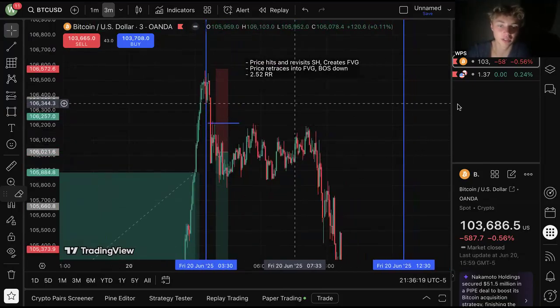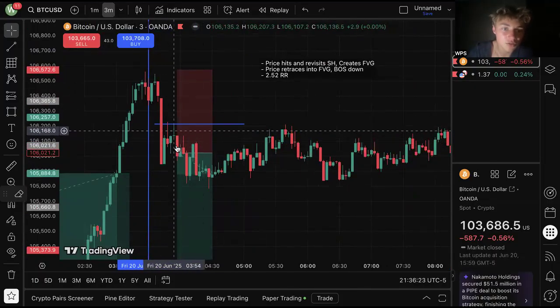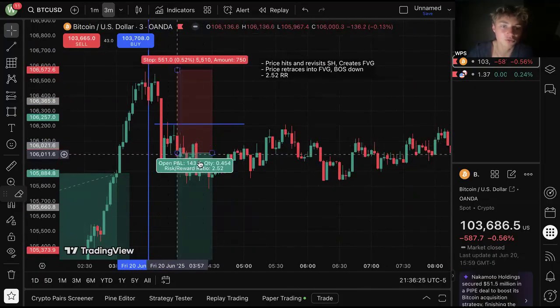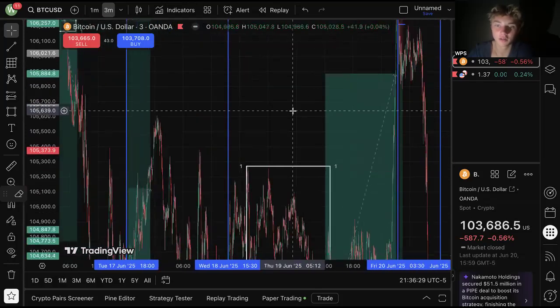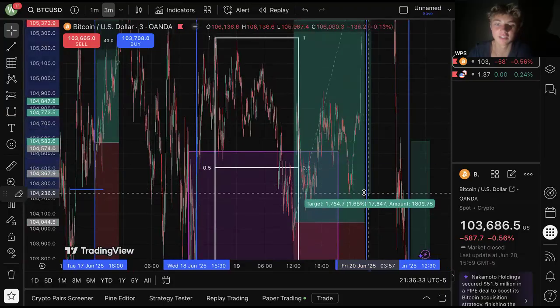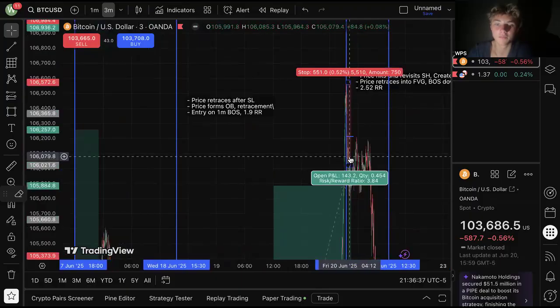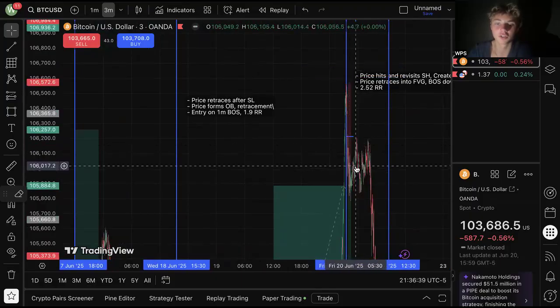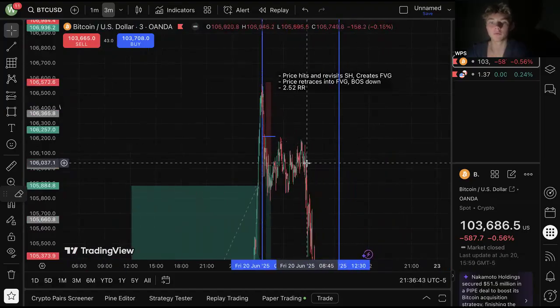As soon as we get the break of structure off of here, which happens as soon as price closes below this low, which is right here, I enter, stop loss above here, take profit all the way over here. I could have even set it down here or even down here, and that would have been a 3.84 RR trade, which would have hit. Not 2.52, 3.84.